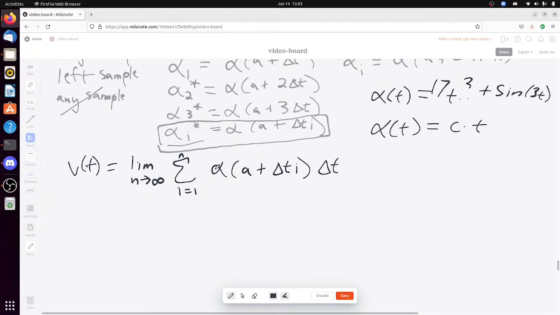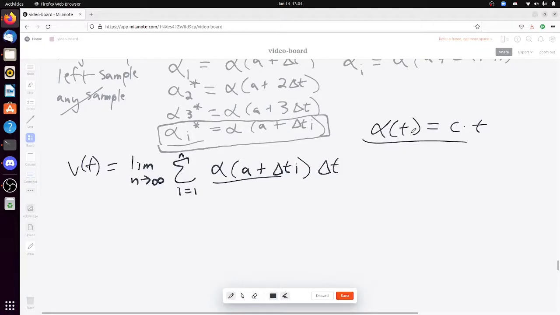It's just that this alpha is going to be different. So anytime we see t in this equation, we're just going to plug in a plus delta t times I. This is the right sample for any function alpha as long as you know what the function alpha is and how to use it. This is a simple function, obviously, so we're just going to run with this, because that's what we're assuming for this problem.